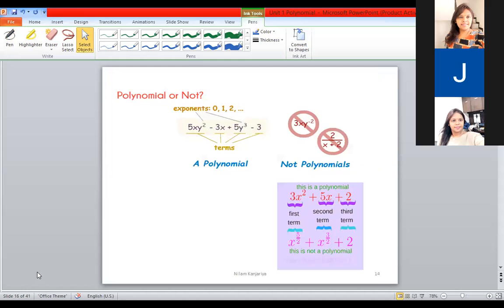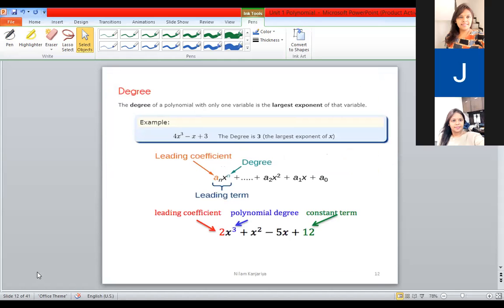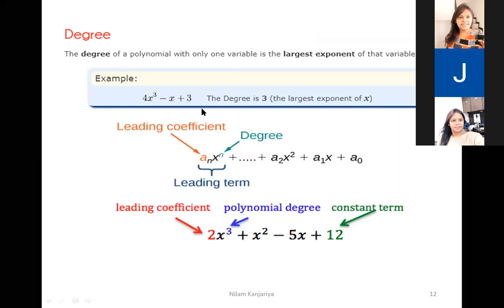Okay, so students, look here. This is the comparing. The leading term means the first, highest power term. The leading coefficient means the multiplication term of that highest power.